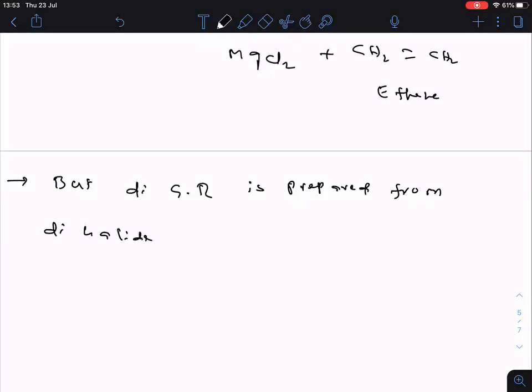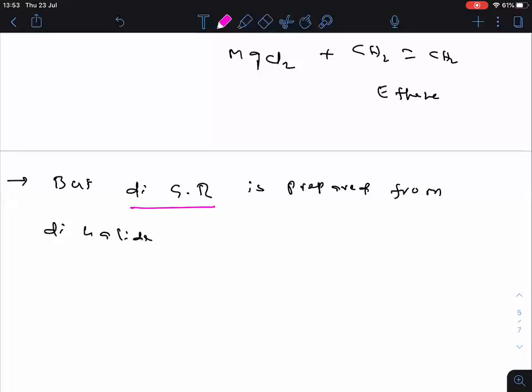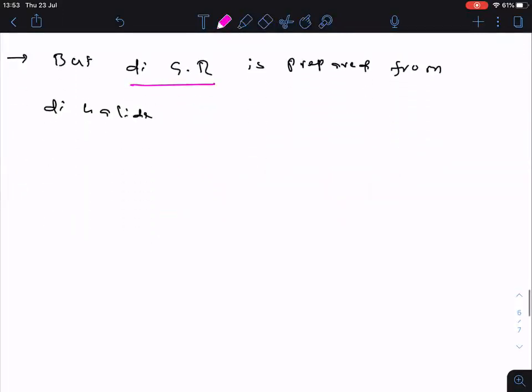Di-Grignard is prepared, but not mono-Grignard. Try to understand. So how is di-Grignard prepared from dihalide? That also we are going to see here.